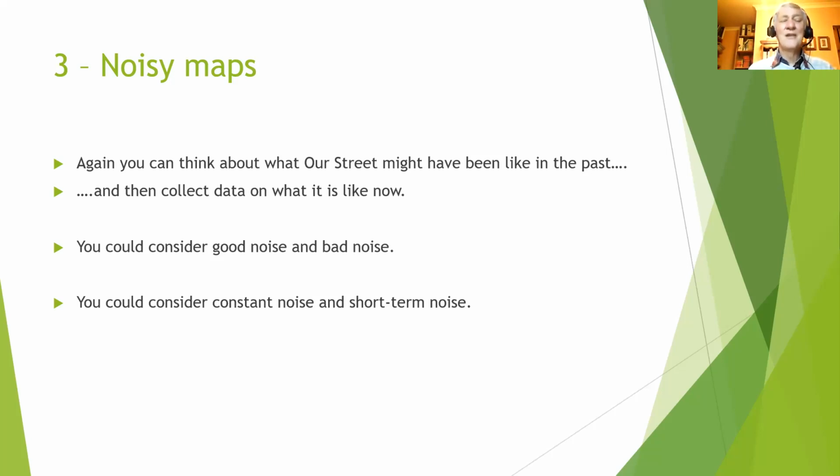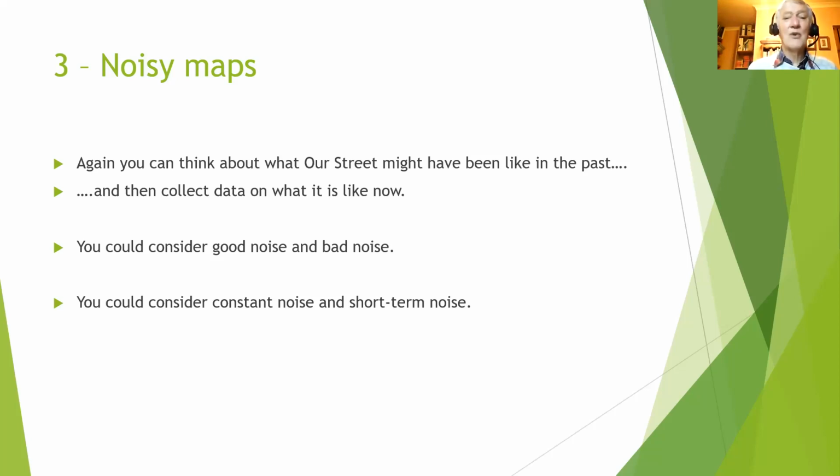Think of the coal being shoveled into the furnaces for the factory chimneys. Think of the horses going up and down the street. So think of what it might be like in the past and draw a noisy map for that, and then collect data on what it's like now.